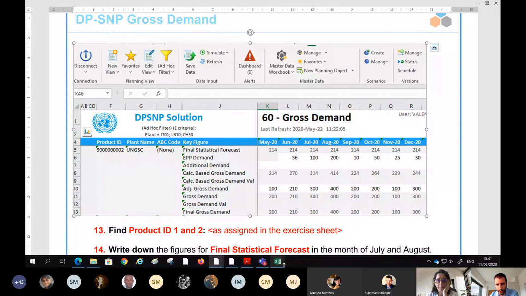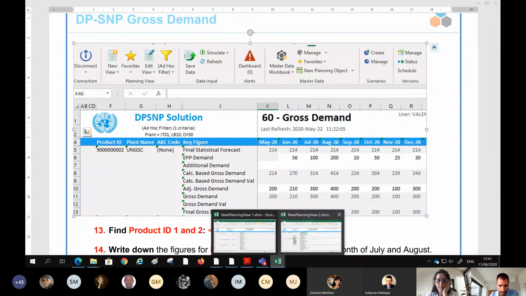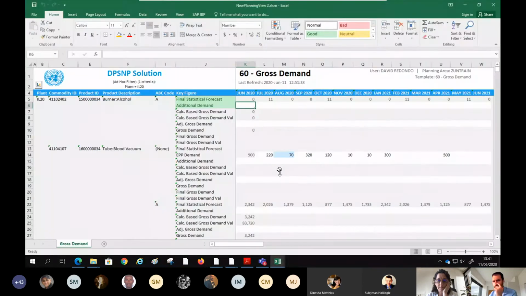So I can show you in the system. Again, we need to check something that technically is not displaying the way I was expecting. In the system, I have different examples of products that have, for example, the APP demand or the additional demand that you entered. For example, this tube has the APP demand that was entered by some of you in the APP template, right?